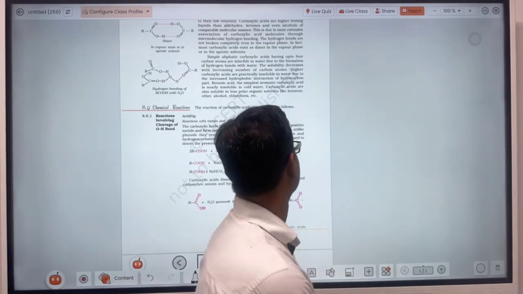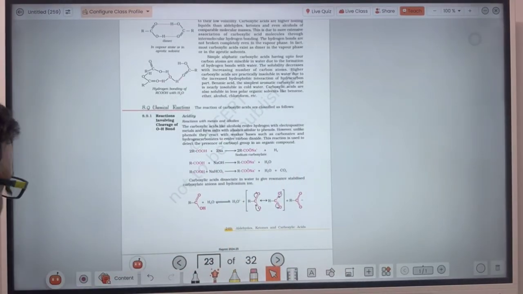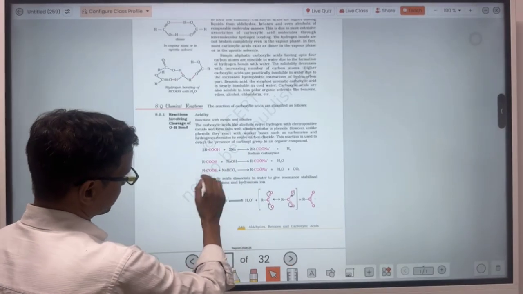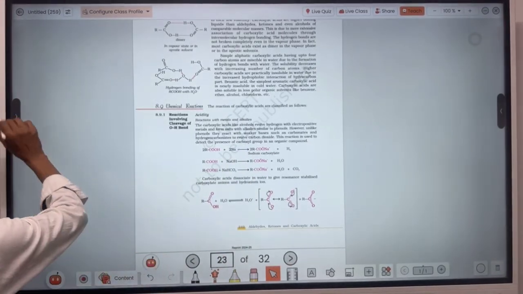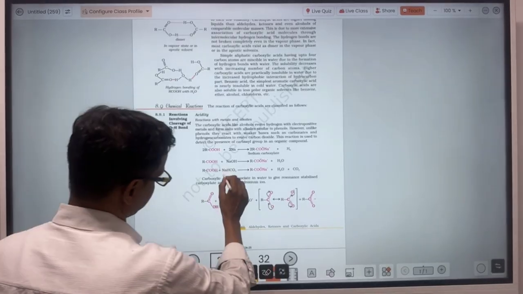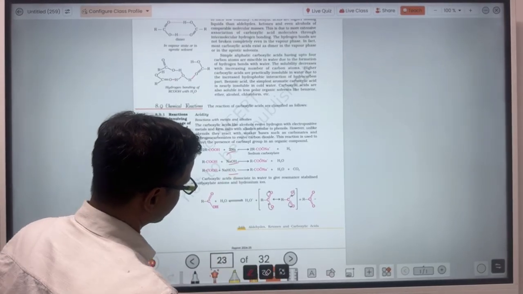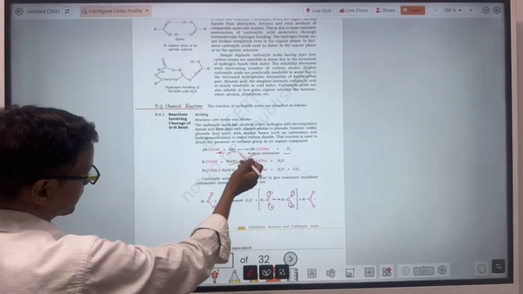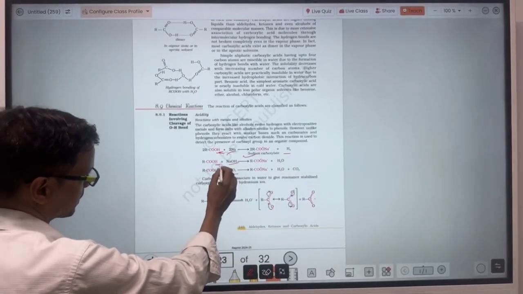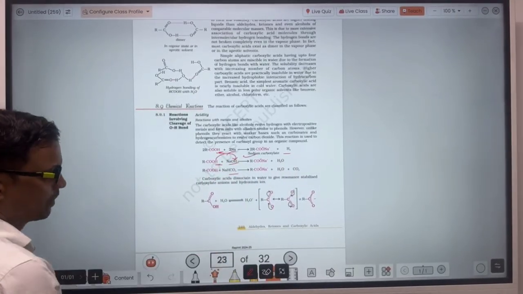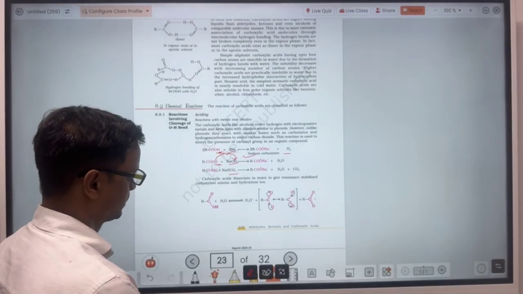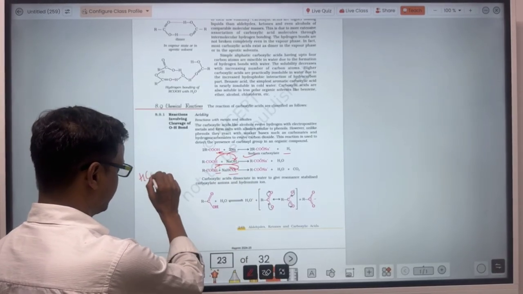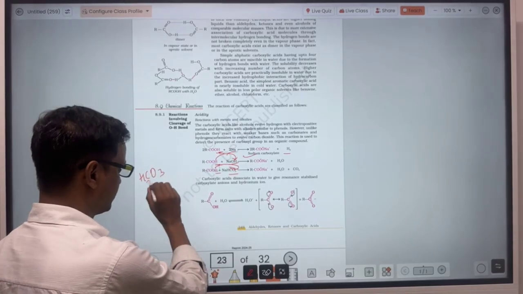Okay, so let's see about this one. Same as alcohol, here when it reacts with sodium, NaOH, or NaHCO3, there will be cleavage of the OH bond, sodium is released, and this forms sodium carboxylate, but the hydrogen will combine with OH and form H2O. Here hydrogen will combine with HCO3 and form H2CO3.